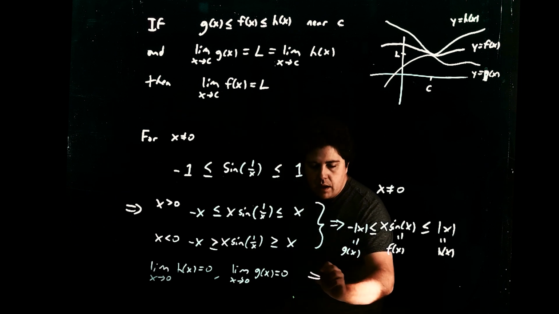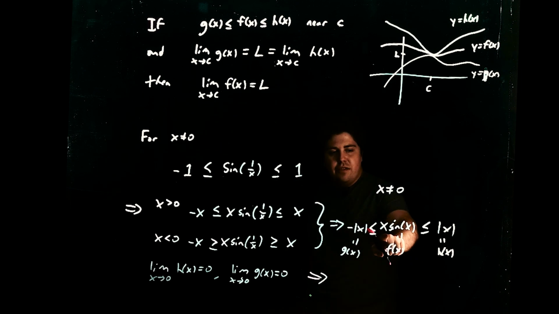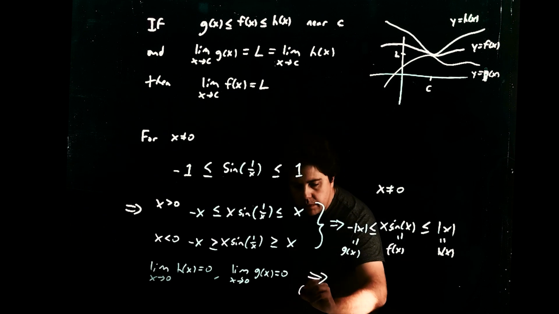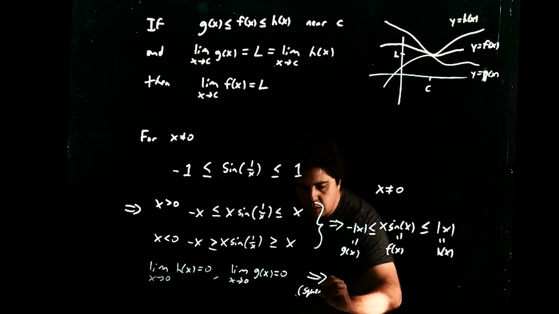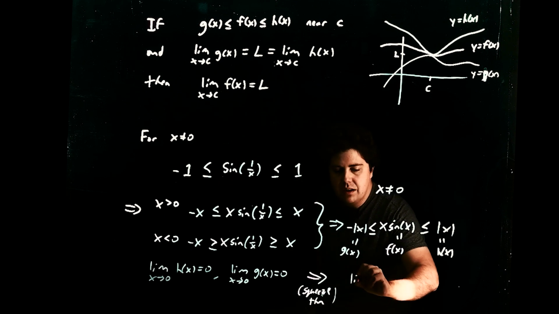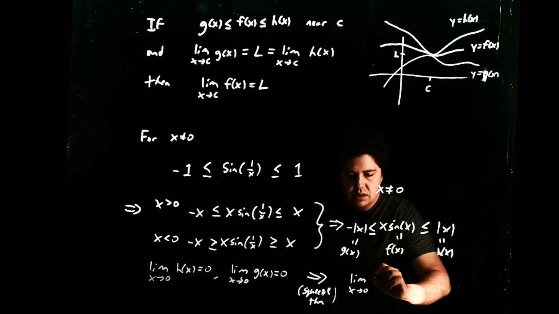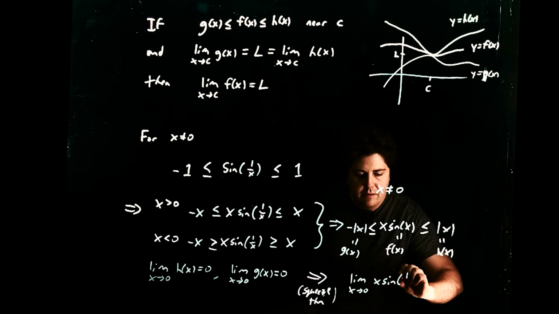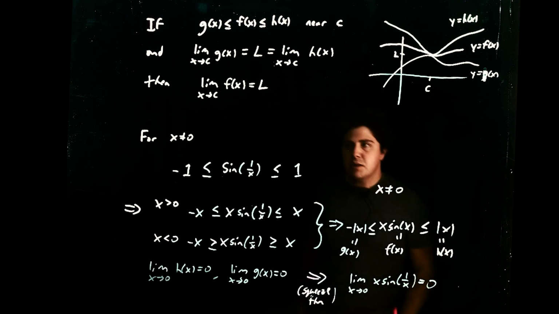This is true, and therefore, because this function is squeezed in the middle, by the squeeze theorem we're going to get, indeed, that the limit as x goes to 0 of x sine of 1 over x is 0 as well.